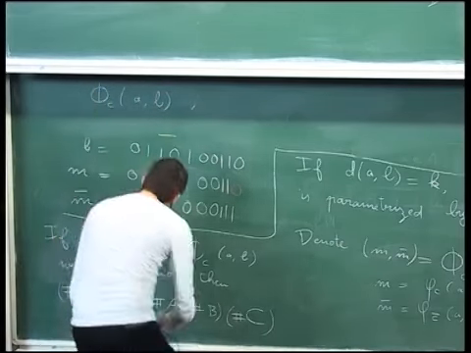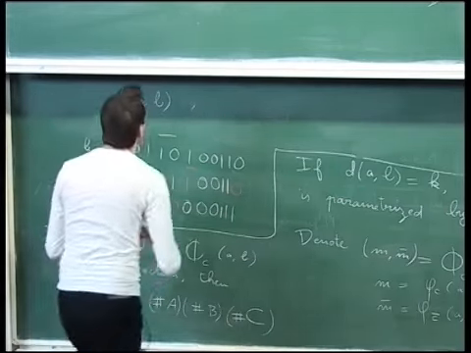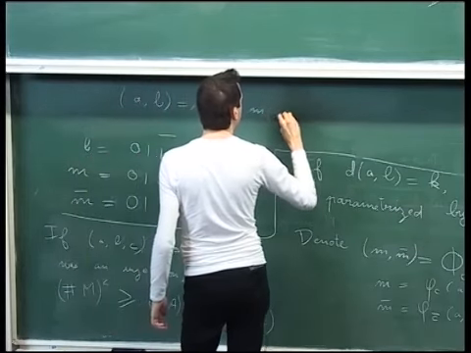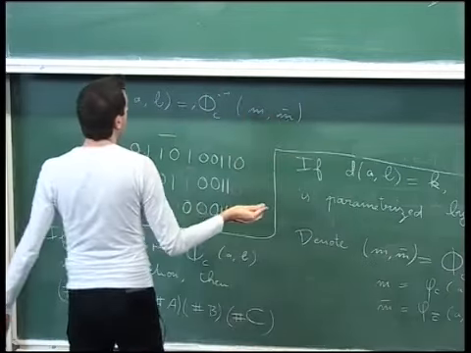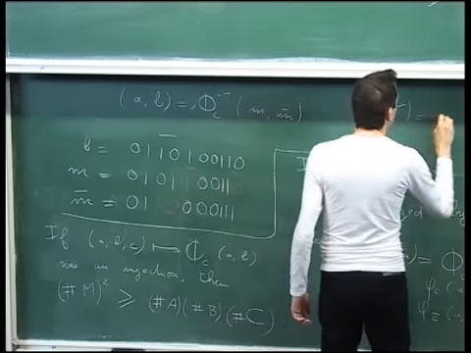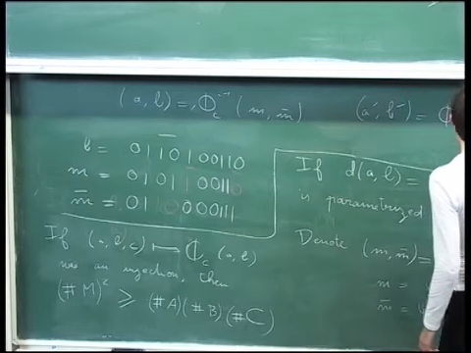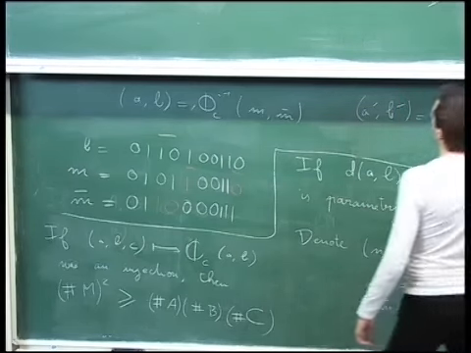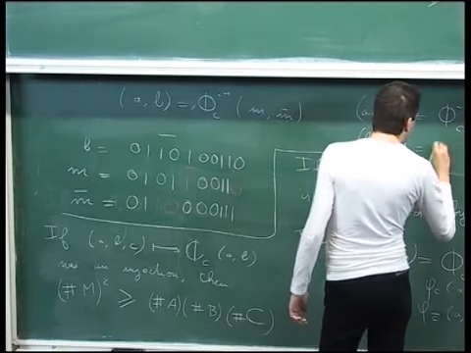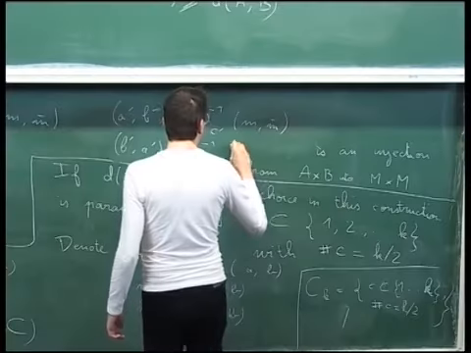You have AB equal phi C inverse of M bar, and A prime B prime equal phi C prime inverse of M bar. So that implies that B prime A prime equal phi inverse C bar prime of M bar.